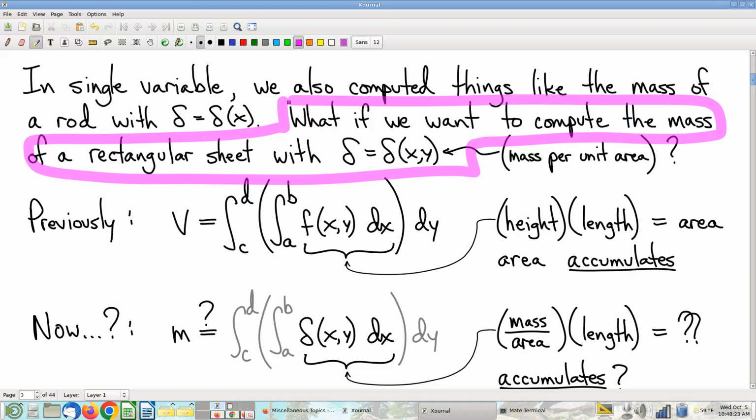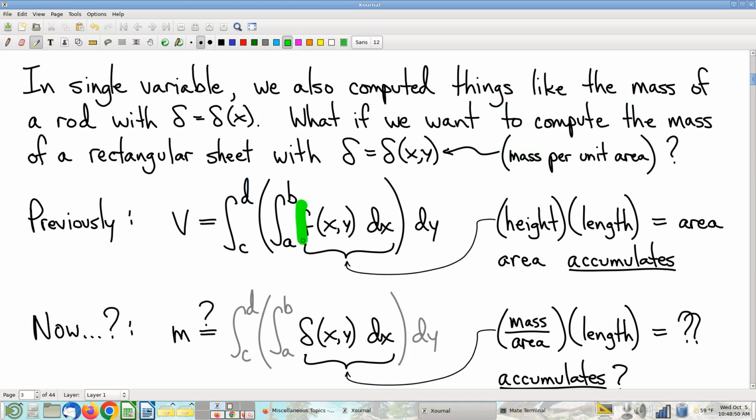If I know the mass per unit area, can I compute the total mass? And it's tempting to say, oh well, an iterated integral worked for computing areas in single variable and then volumes in multivariable. You'd think that it ought to work for computing masses and such as well. Let's think it through.